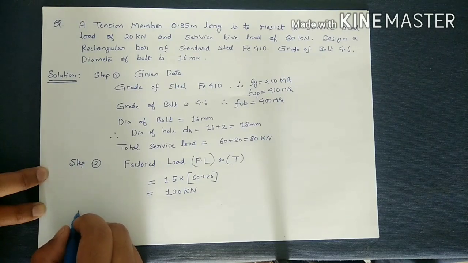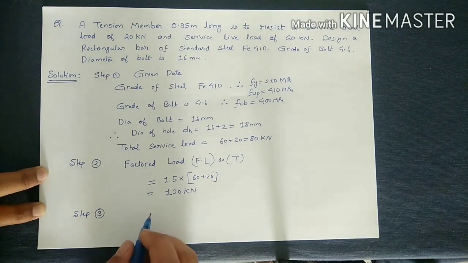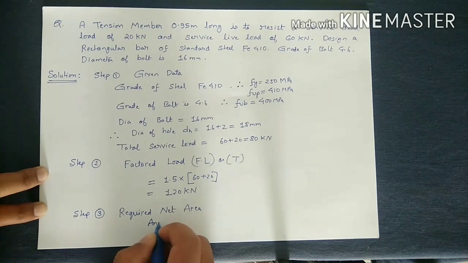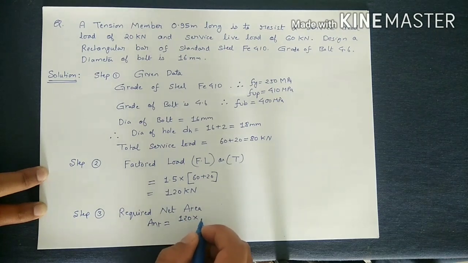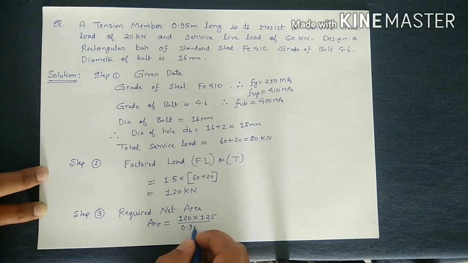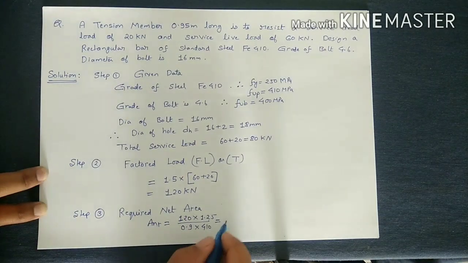Now step number 3, that is the required net area. Anr will be equal to factored load, that is 120, into gamma m1, that is 1.25, upon 0.9 into FUP, that is the ultimate strength of the plate, that is 410.